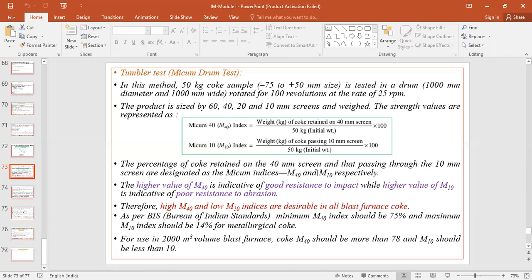As per the Indian standards, the minimum M40 index should be 75%, means the value we need to get here should be minimum 75. And here it should be not more than 14%. If this value becomes high, that means your coke has poor abrasion resistance.